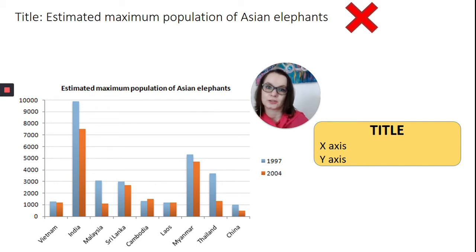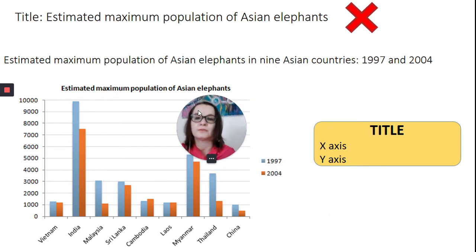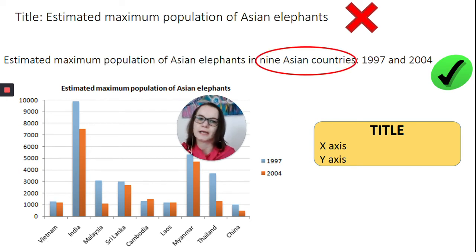So what is the difference between the first option and second option? Well, you can see here we have 9 Asian countries. What is that? It's the information about x-axis. You can see on the x-axis the names of 9 Asian countries.